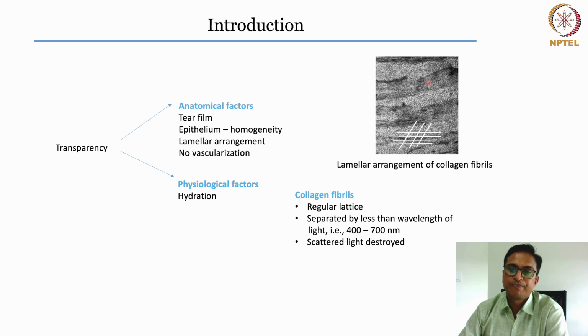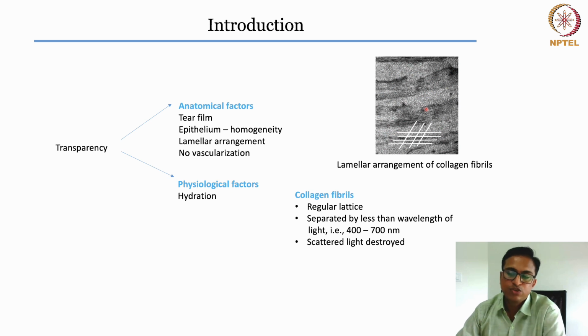Then the corneal stroma, where the collagen is present in an orthogonal arrangement. This is very important, because in one layer the collagen fibers are parallel, and in the next layer the collagen fibers are again parallel, but their orientation is almost 90 degrees to the preceding layer. This orthogonal arrangement of collagen fibrils is very important for corneal transparency.